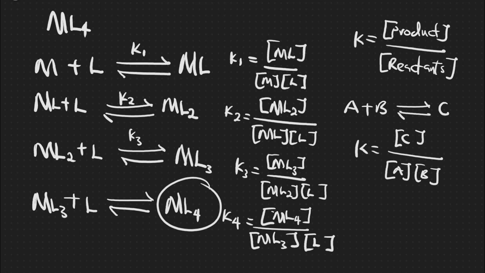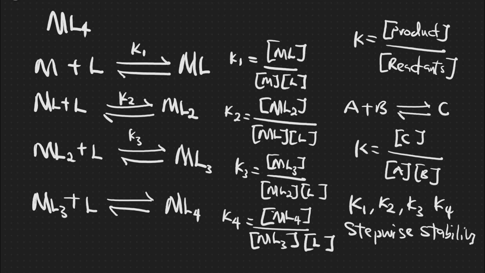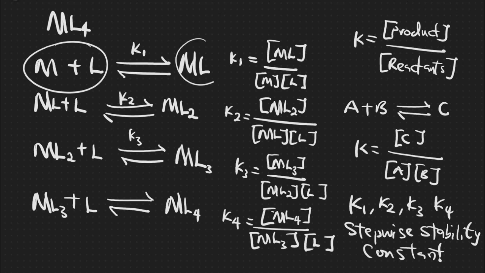And these K1, K2, K3, and K4 are called the stepwise stability constants. Another way to call them is the stepwise formation constants. Why? Because these reactants are reacting to form a new product, so it is also called the stepwise formation constant.